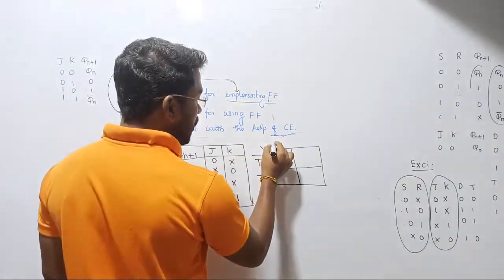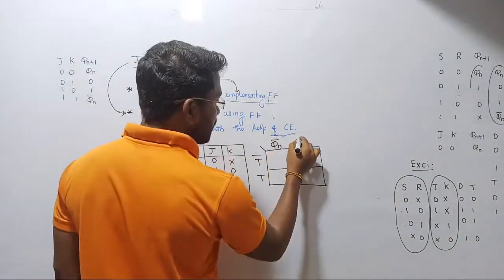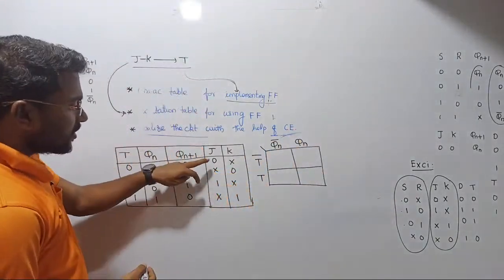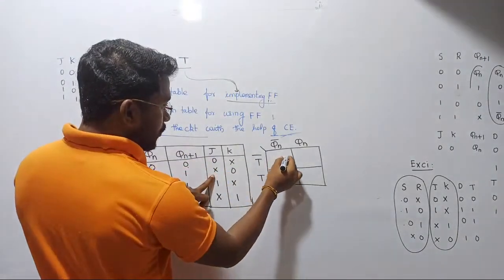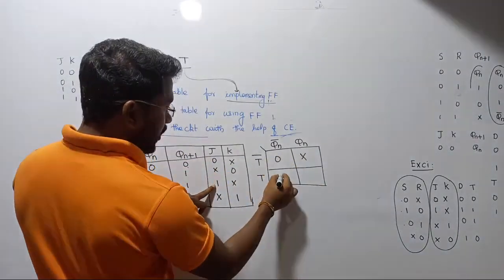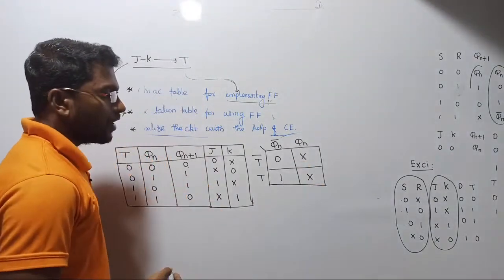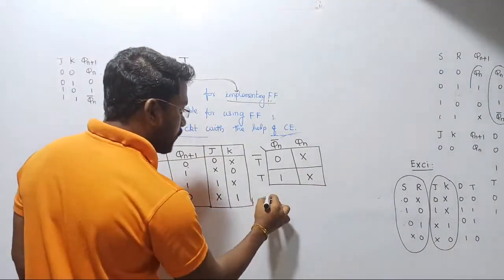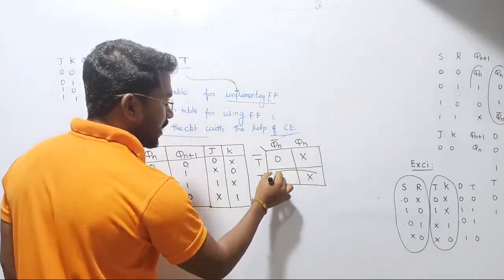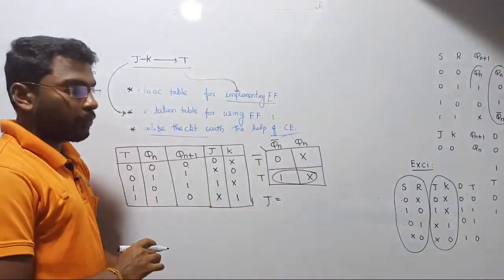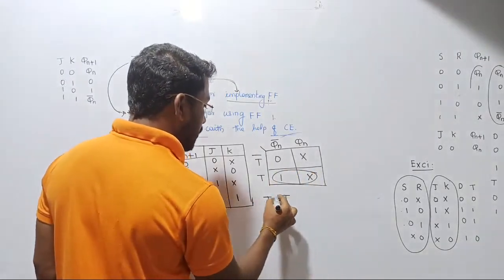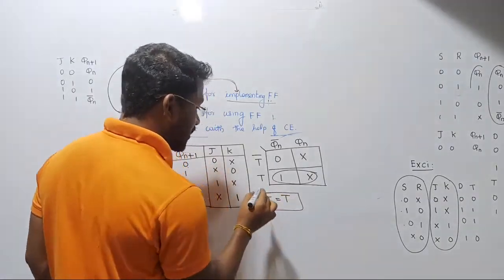At 1 we have the variable, at 2 also we have the variable, at 3 also we have the variable. Of course, I am in need of J. So we can directly group these two, such that J will become equal to the value of T. Yes, exactly, that is true.